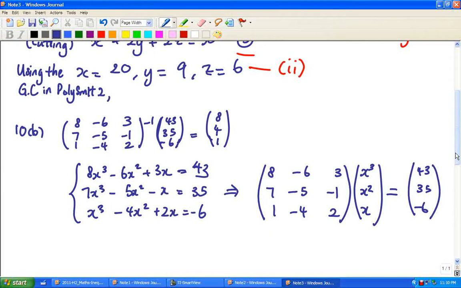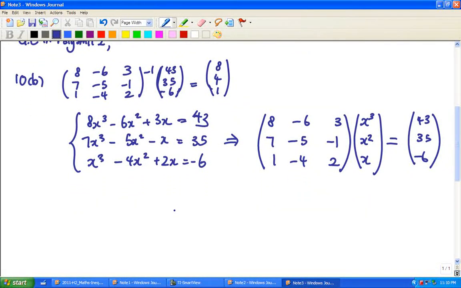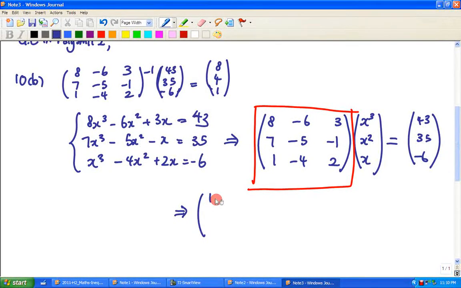Now what I can do from here is take the inverse on both sides. The inverse of this matrix, the one boxed up in red, I am going to multiply on both sides of the equation. Since the inverse of the matrix multiplied by itself is the identity matrix, it will become the identity matrix as follows.